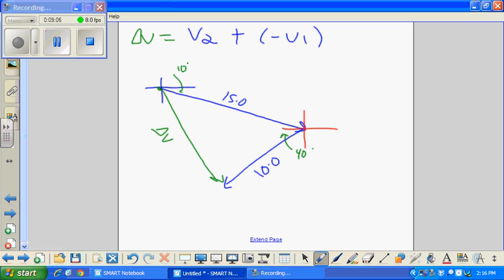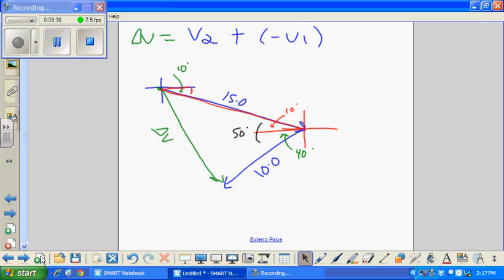Now we have a triangle, we have two sides, we don't quite have two angles yet, but we're close. Here's how you get this angle right here, because I want to know the angle opposite to my delta V. I've got this 40. What you can do is use the fact that this is 10 degrees in here, use my Z law, I'll draw out my Z, to realize that this must be 10 as well. So that means that this full angle is 50 degrees.